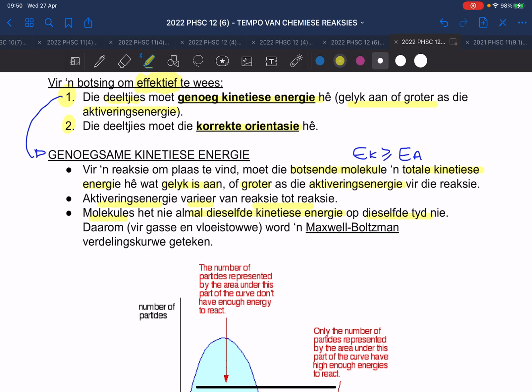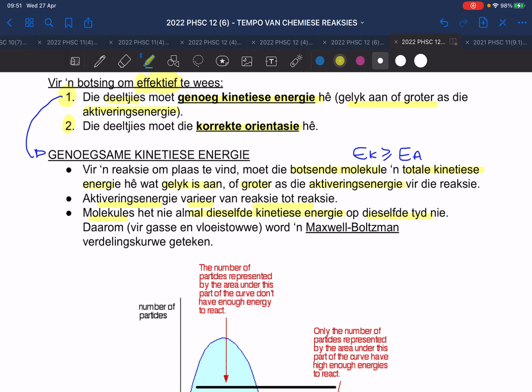Some of you are warm and some of you are getting cold. So as you are sitting here, I can't say you all have 1,000 joules. I can say some is 200, some is 2,000, and I can get the average kinetic energy. So when we measure something's temperature, we take the average temperature.